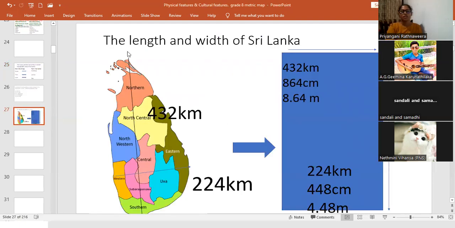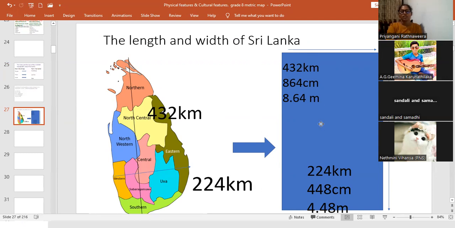Then here, the length and width of Sri Lanka. What is the length from Point Pedro to Dondra Head? 432 kilometers. Width from Colombo to Sangamankanda, 224 kilometers.